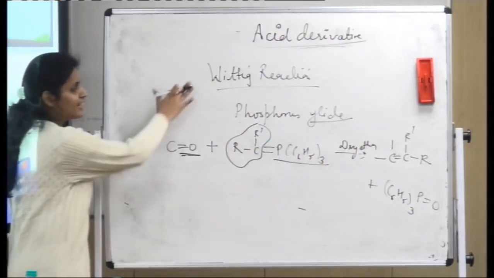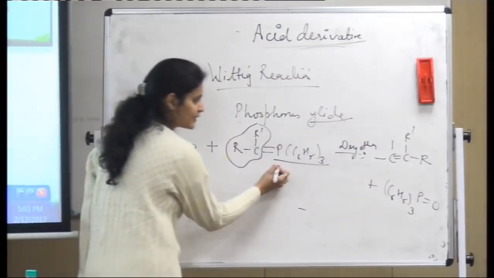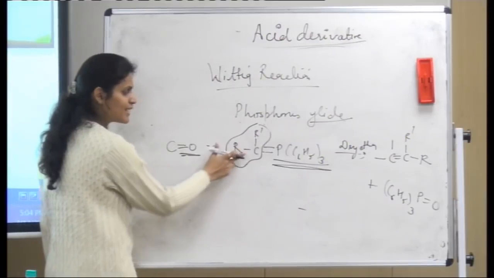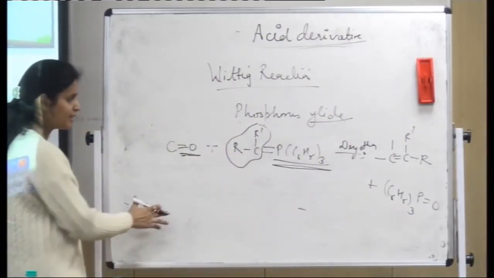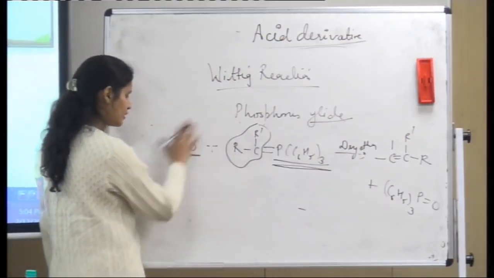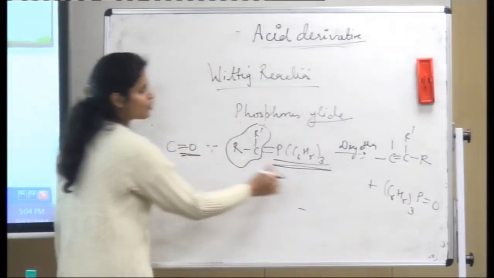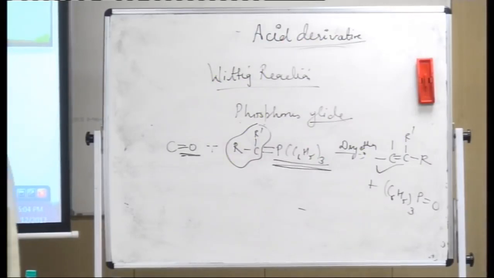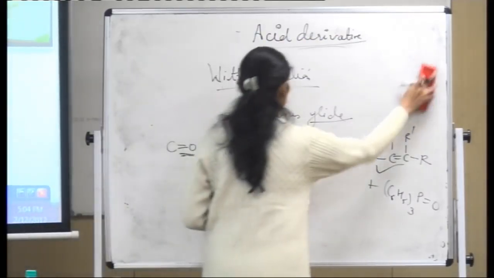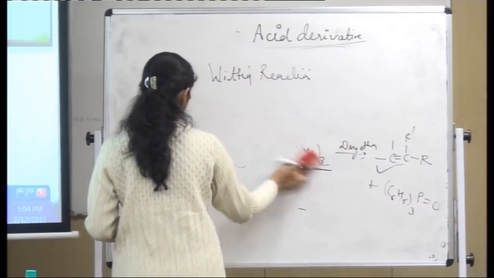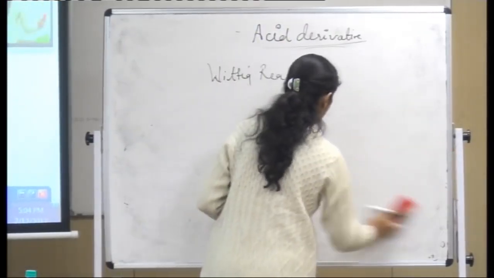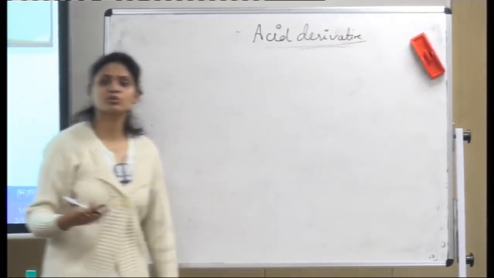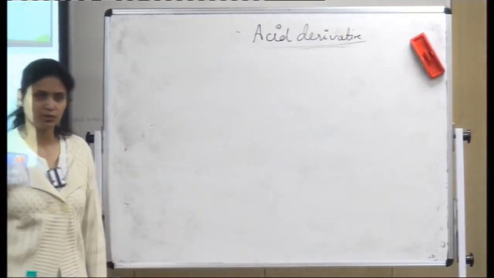This is known as the Wittig reaction. You can simply see that this part is as such, but this part has been replaced by the oxygen, and obviously the remaining part has got attached to this carbon and led to the formation of an alkene. All right. So if you say that some compound shows a Wittig reaction, you should know that it is an aldehyde or a ketone, obviously, right?